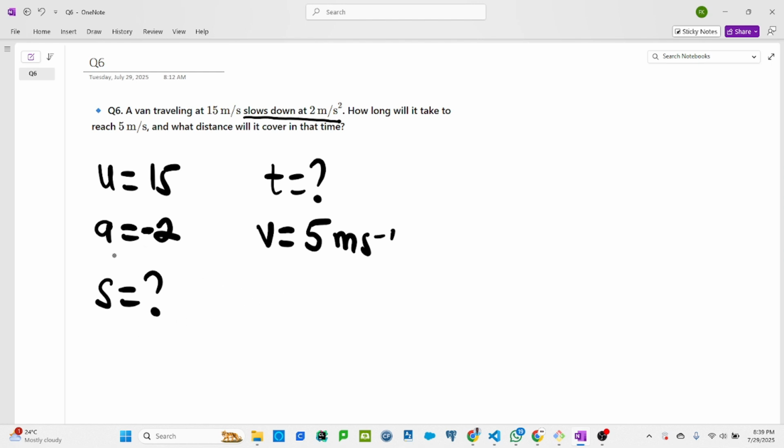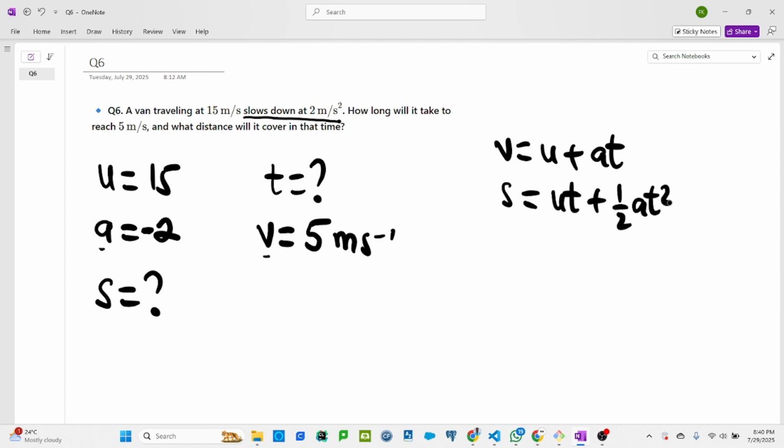They have given us u, they are giving us a, they are giving us v. Which of the equations are we going to use? Now that becomes the question. After you write your parameters down, your next headache should be what equations are we going to use. Let me write the equations down again. v is equal to u plus at, s is equal to ut plus half at squared, and v squared equals u squared plus 2as.